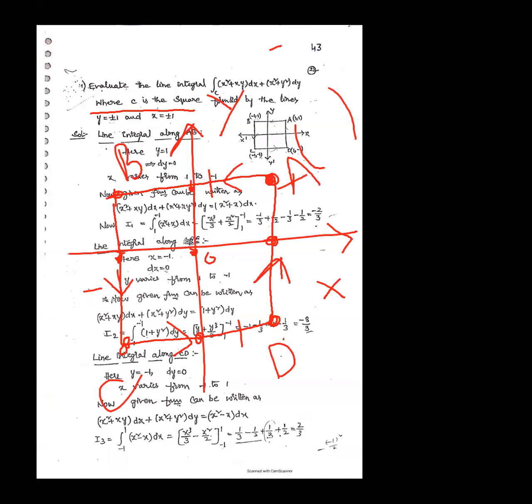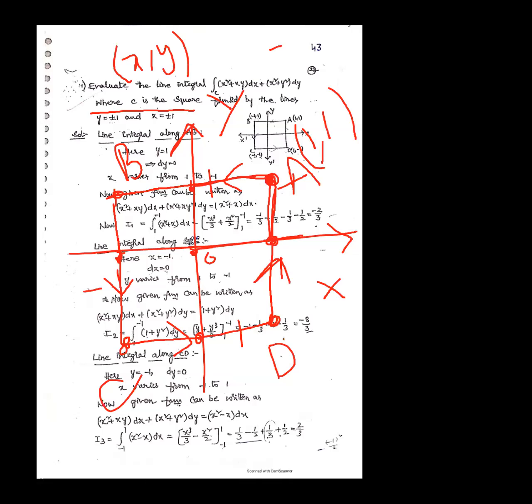Every point we write as x comma y: first the x coordinate and second the y coordinate. Here x is positive 1 and y is also 1. So the point A is (1, 1).